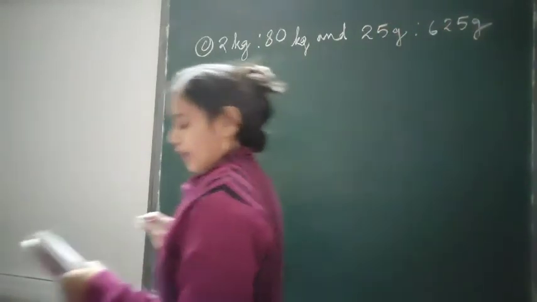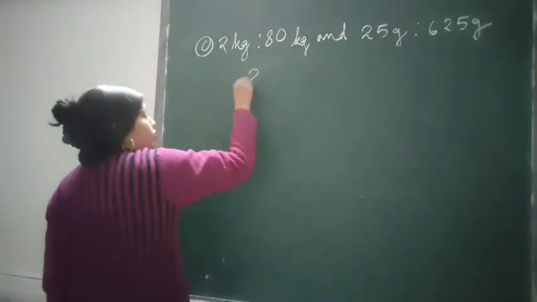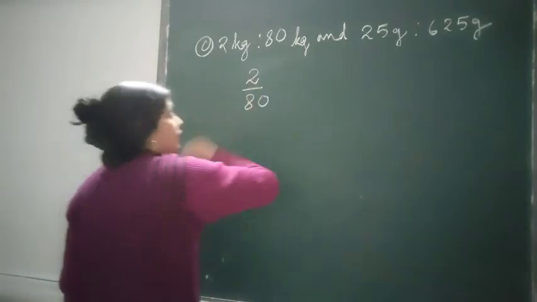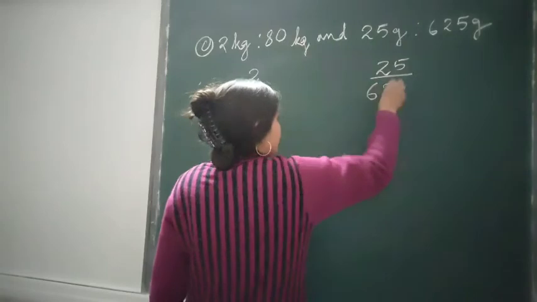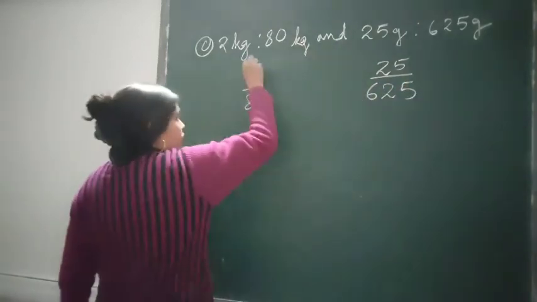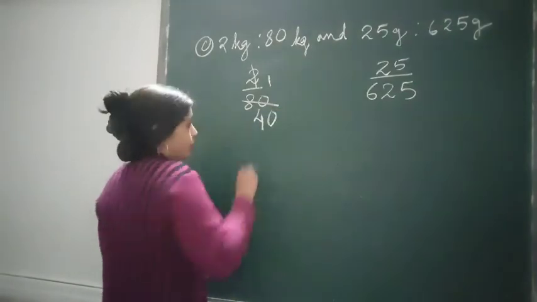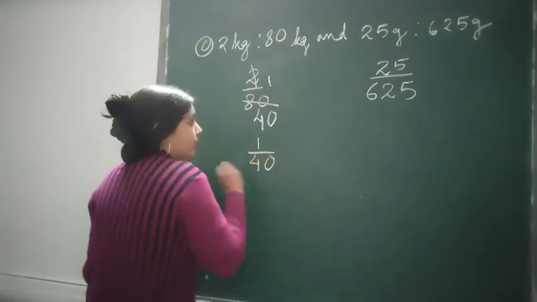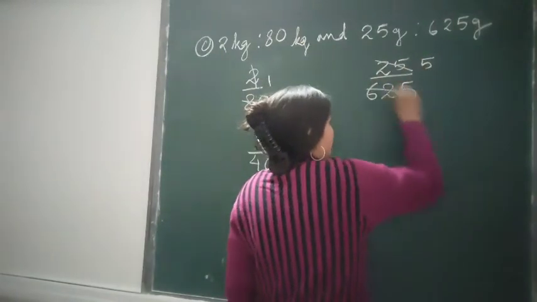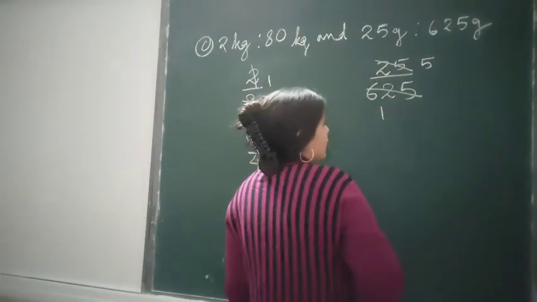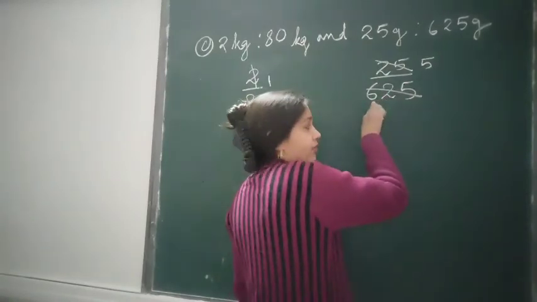So let's compare the two given ratios, 2 by 80 and 25 by 625. So both are divisible by 2. So this gives us 1 by 40. Let's check here. Both are divisible by 5. 5 5s are 25. 5 1s are 5. 6 minus 5 gives us 1.